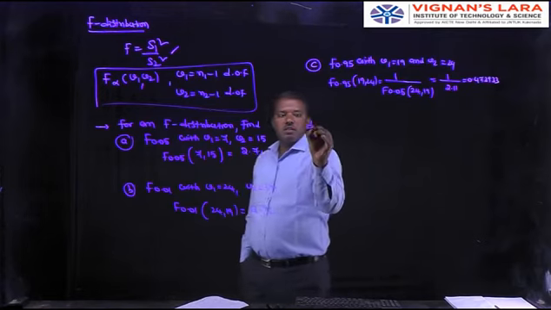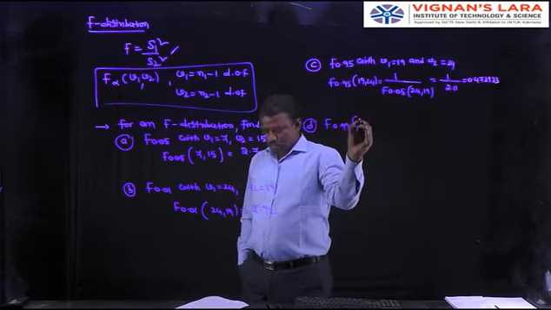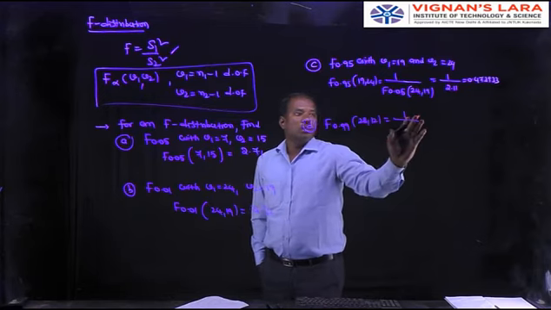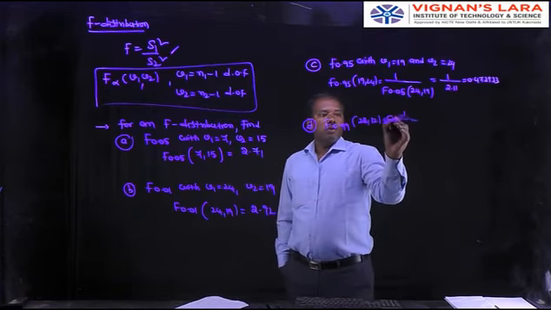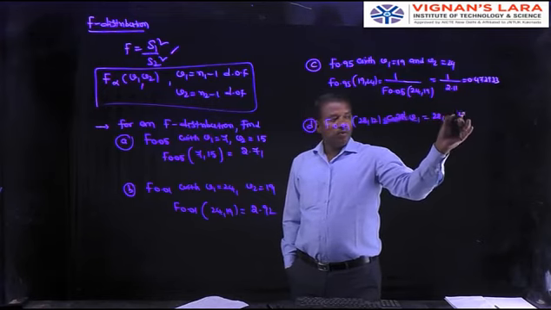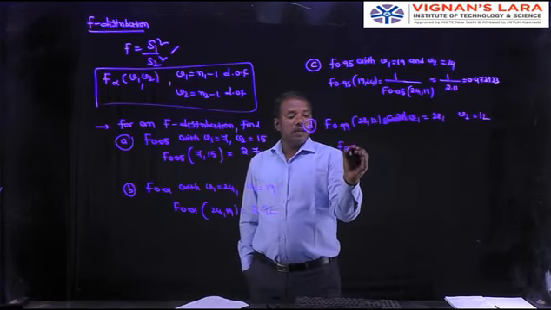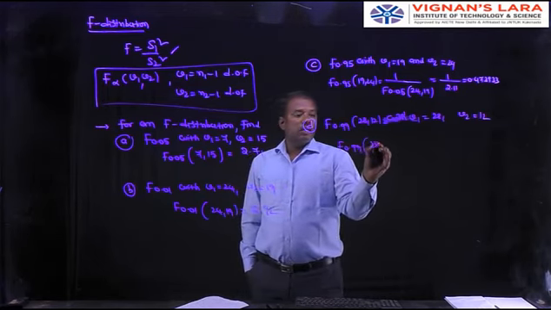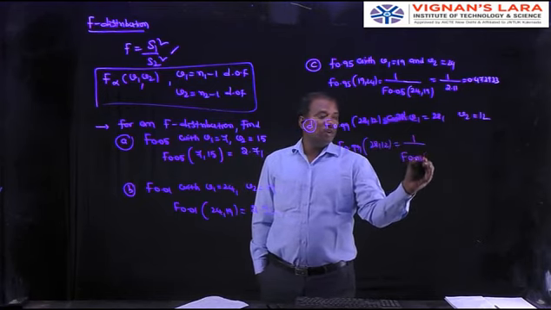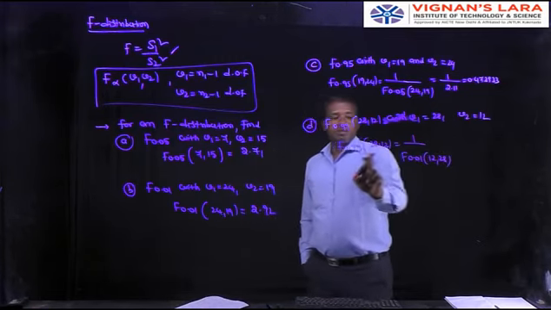And then the D part, F suffix 0.99 with 28 comma 12. This is also nothing but 1 by F suffix 0.01 with 12 comma 28, where V1 is 28 and V2 is 12. 1 minus 0.99 means 0.01.